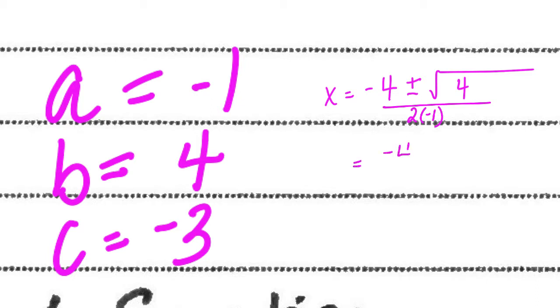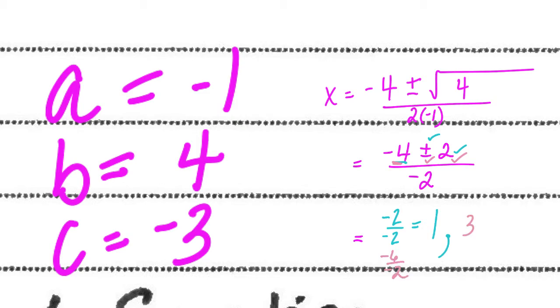So I end up getting negative 4 plus or minus 2 all over negative 2. And remember, we actually have to solve this. So I have negative 4 plus 2, which is negative 2. Well, negative 2 over negative 2 is a positive 1. That's one of them. And then if I have negative 4 minus 2, I get a negative 6. Well, negative 6 over negative 2 is a positive 3.